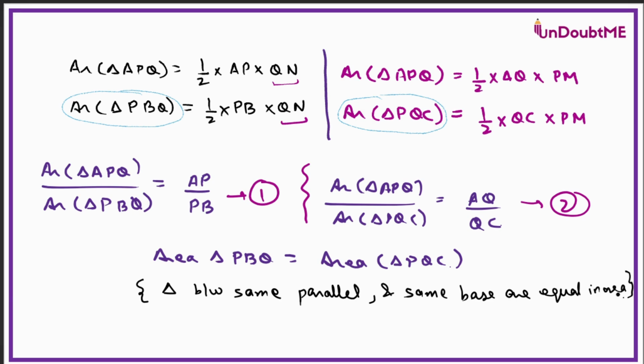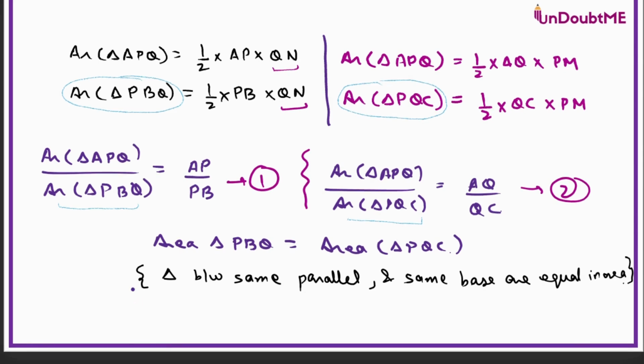Okay, that's the reason. Because of that, the denominator of both equation 1 and 2 will become same. Numerator is already same. So with all those things, I will come to a conclusion that the right hand side of equation 1 and equation 2 are also equal, and that is how we can write AP over PB is equal to AQ over QC.